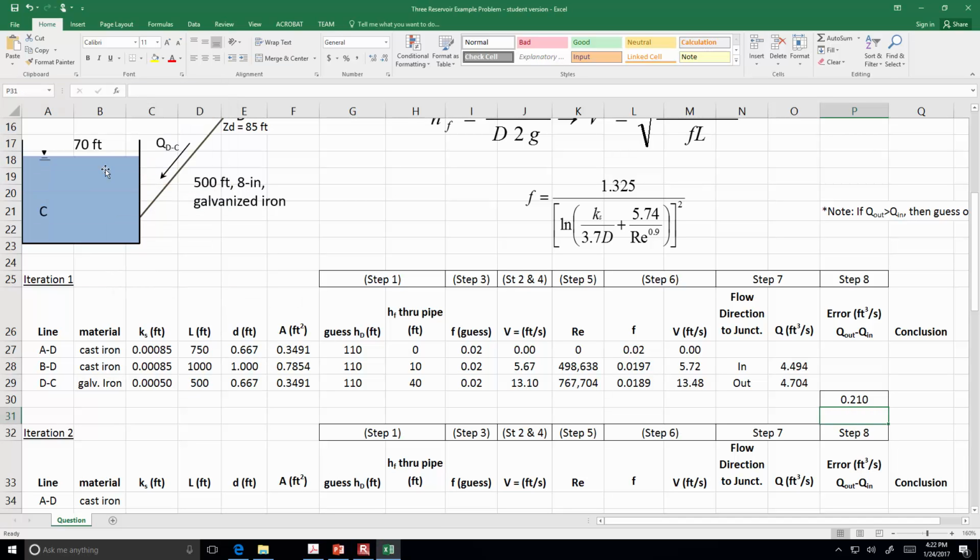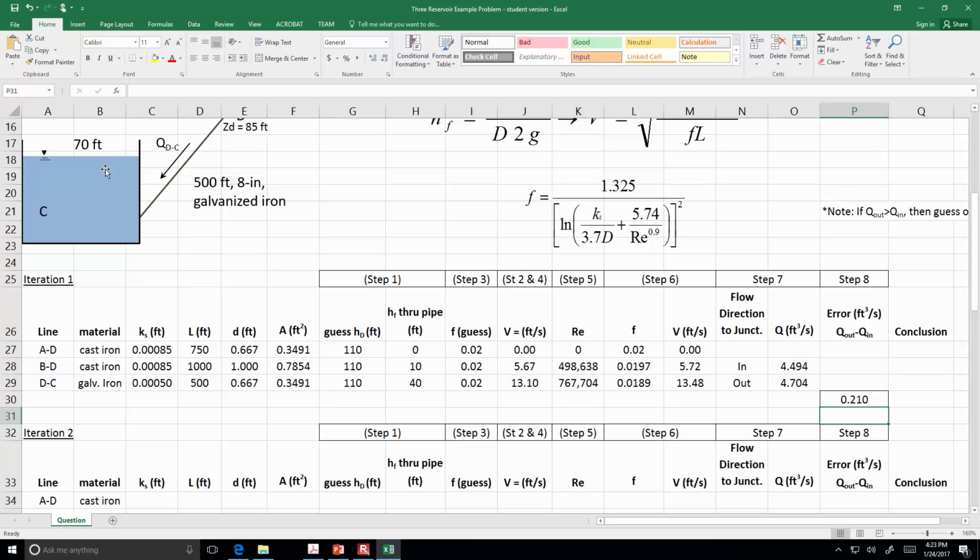Okay, so let's interpret these results. The criteria that I said was that if out is more than in, that means your guess of HD is too high. In other words, we're trying to just guess how much energy there is at D. And if we give it a lot of energy, we're going to be forcing water through that lower pipe so that there's more flow through the lower pipe than the upper pipe.